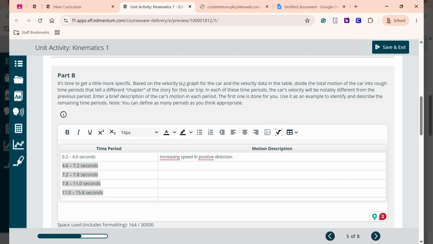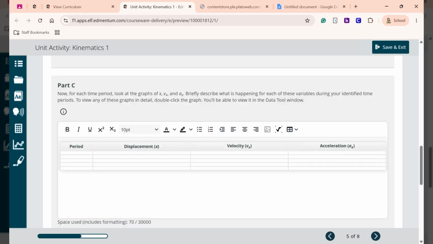Is it increasing in a negative direction? Is it decreasing in a negative direction? According to the video, remember, if it's going forward, it is increasing speed in a positive direction. If it is at zero, that means it's stopped, right? And if it is going in the negative direction, then that means it's going backwards, right? So keep all those things in mind when you are doing this part right here.